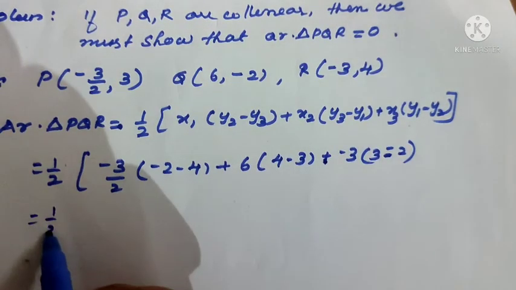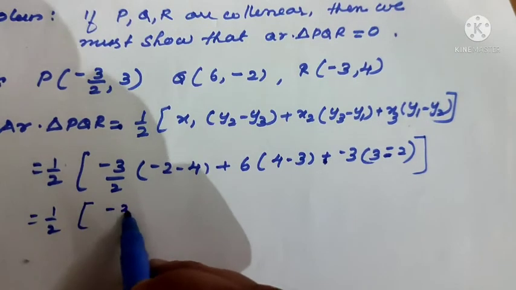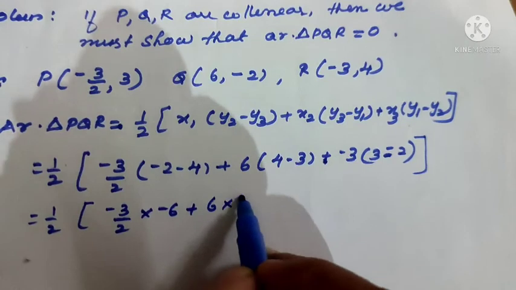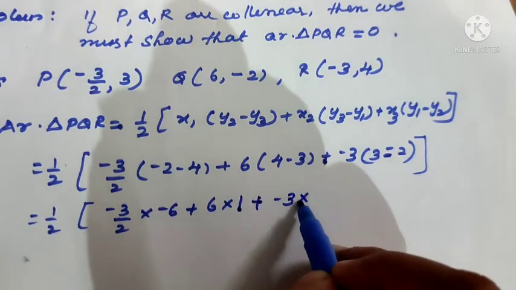So half into, close the bracket, half into minus 3 by 2 into minus 6 plus 6 into 1 plus minus 3 into 5.